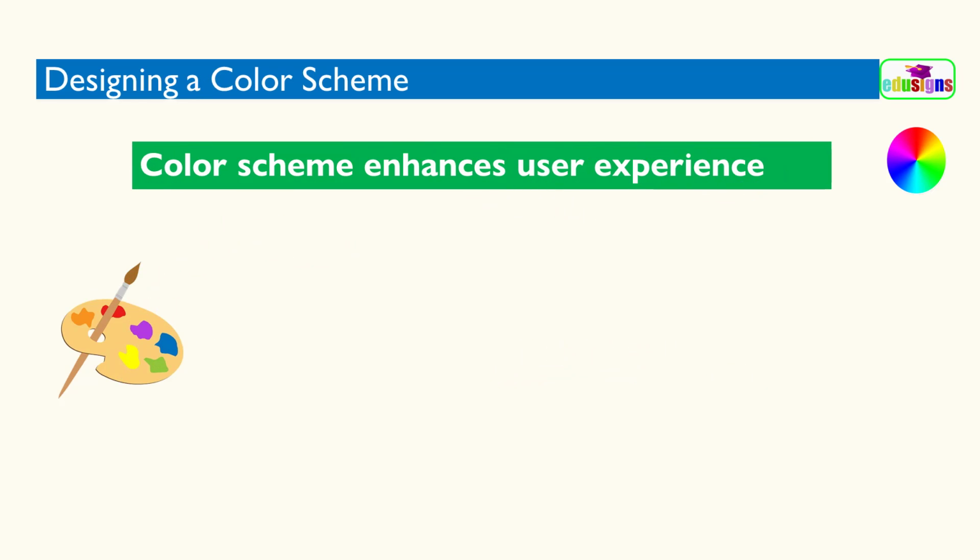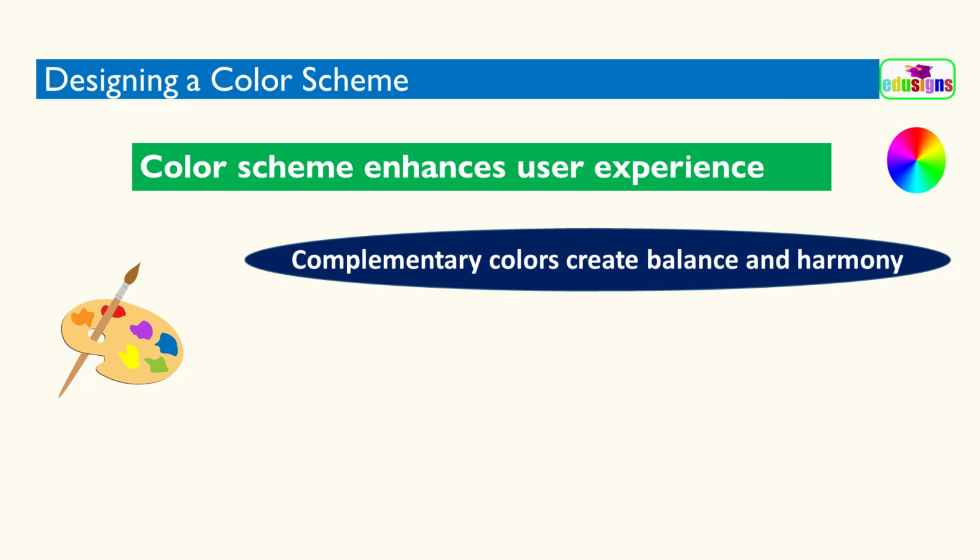A good color scheme enhances the user experience of your site. Most companies have thought out the color schemes for their branding to communicate a specific message using color. If you are defining your own color scheme, use complementary colors to create balance and harmony. Complementary colors are side by side on the color wheel.